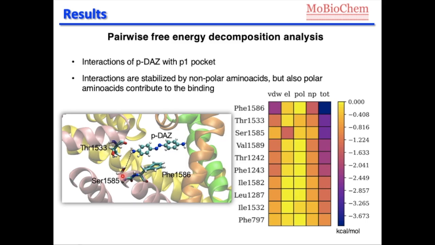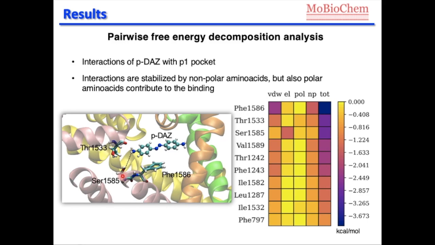The visualization of the dynamics also reveals that part of the electrostatic energy is caused by H-bonding, where one of the amino groups of p-diaminoazobenzene acts as a hydrogen donor, and the OH group of serine 1585 acts as hydrogen acceptor.